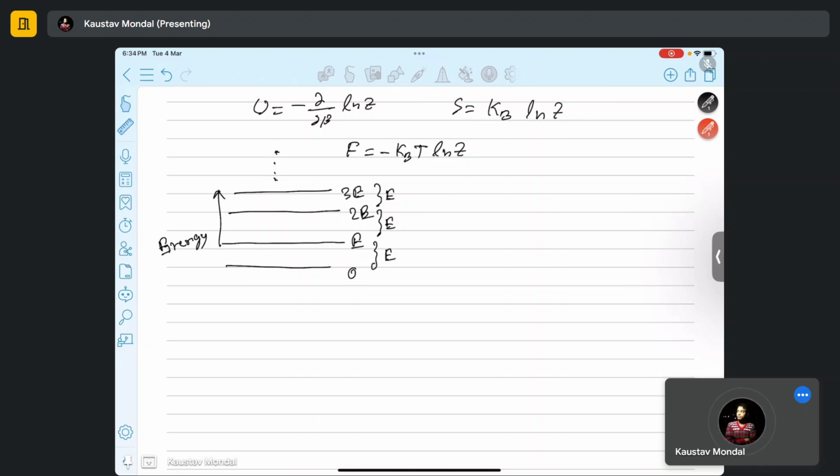We know the general formula for calculating the partition function, right?